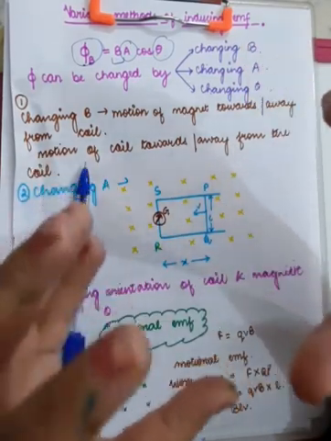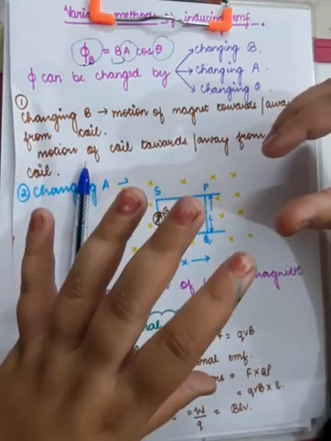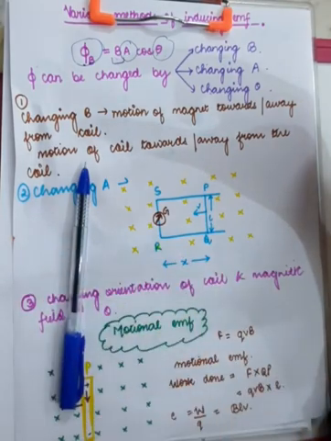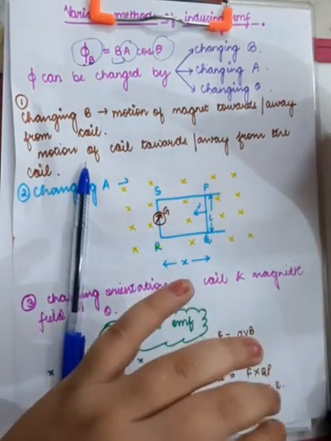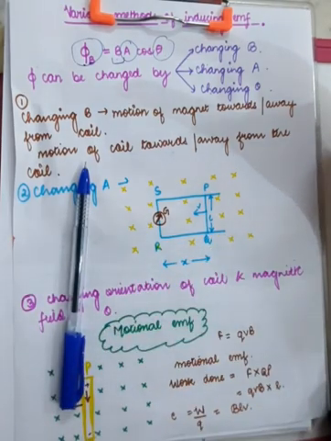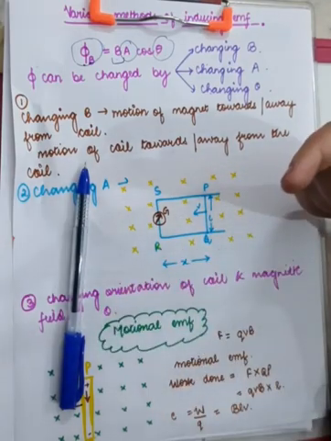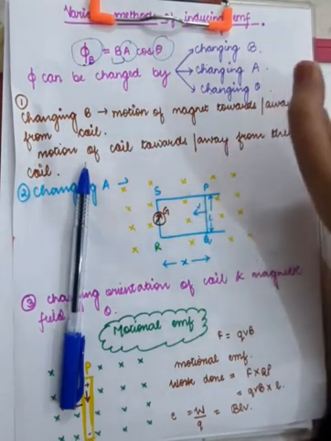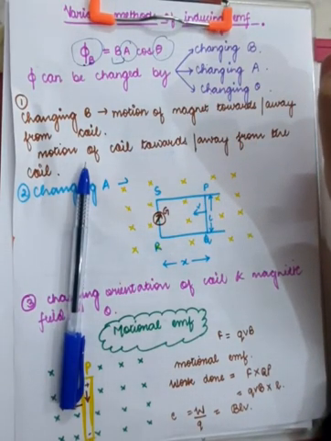When you had two coils, one connected to a battery and the other connected to a galvanometer, and the one which is connected to a battery also has a key in its circuit. When the key K was pressed, then we saw a different magnetic field. When key K was released, then we saw a different magnetic field, because when key was pressed, current started flowing through the coil and all of a sudden magnetic field started developing.